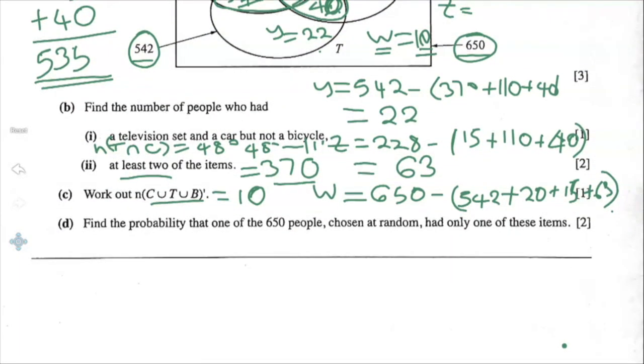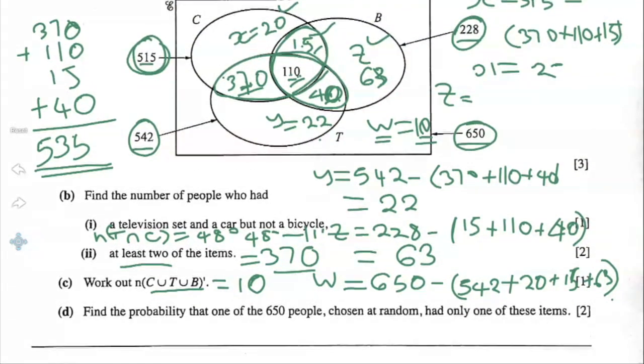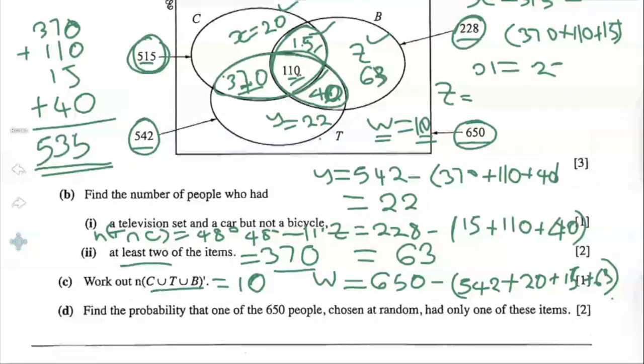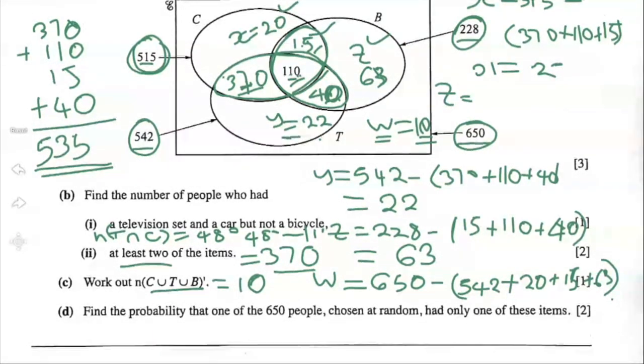The last part of the question is: find the probability that one of the 650 people chosen at random had only one of these items. Then we can look at the favorable outcomes here. We'll pick those with a television set only. They are favorable, they have just a television set.